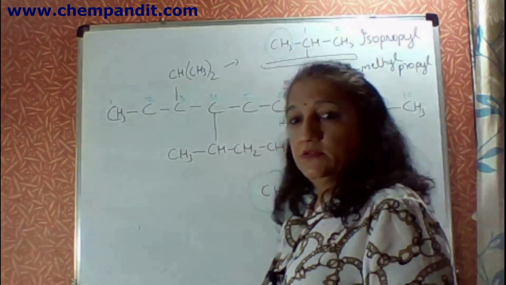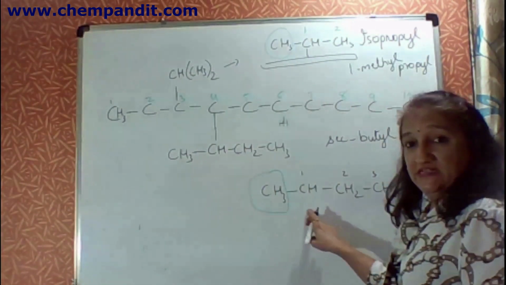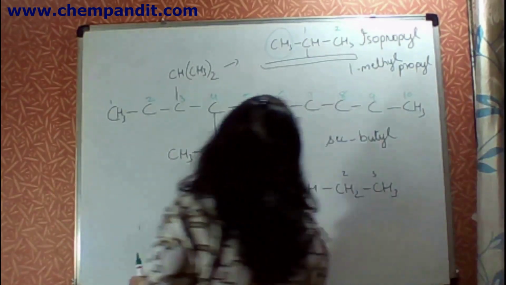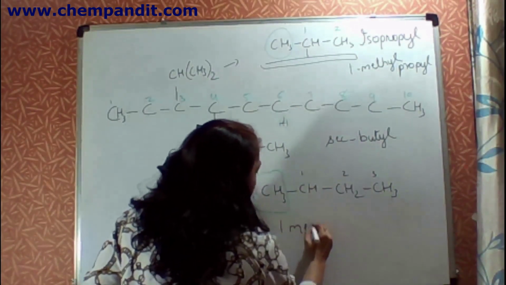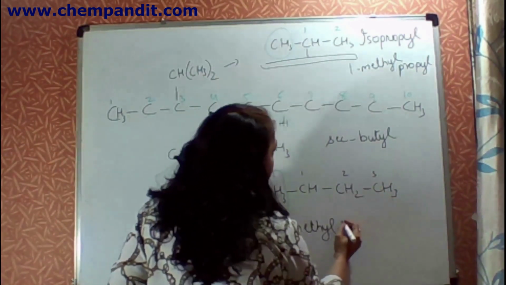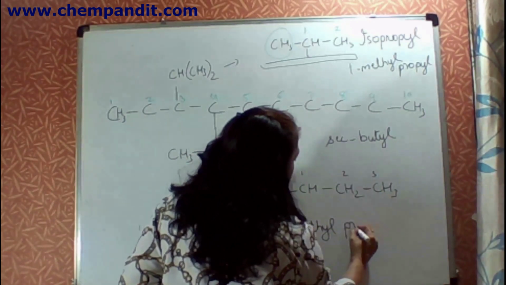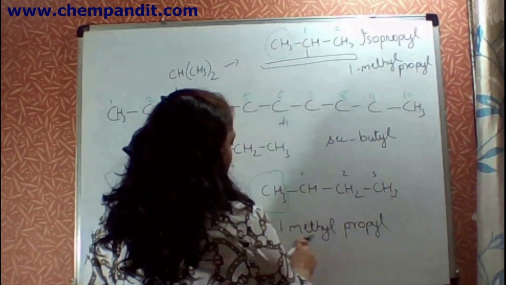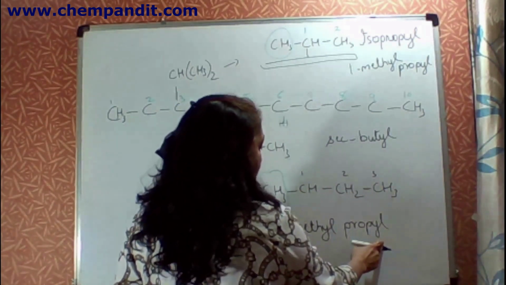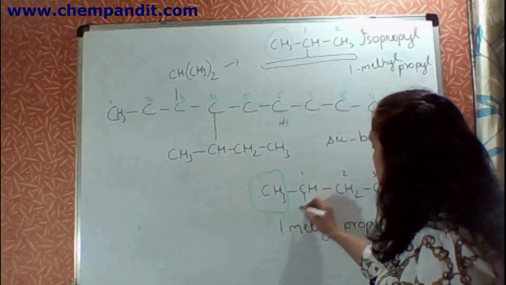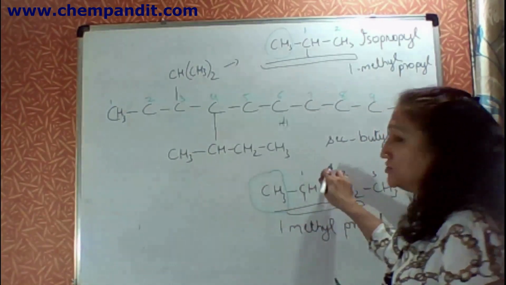Clear? So the name of this sec-butyl will now become 1-methyl, 1, 2, 3, propyl. 1-methyl propyl. Clear? Why propyl? Because this is attached to a main chain. This is a substituent group.